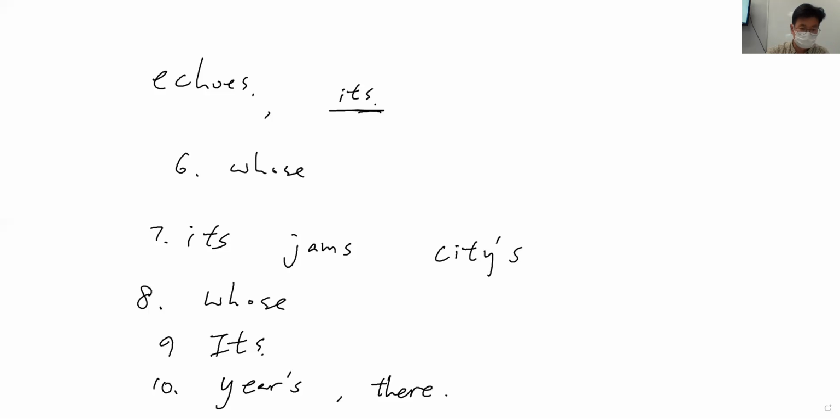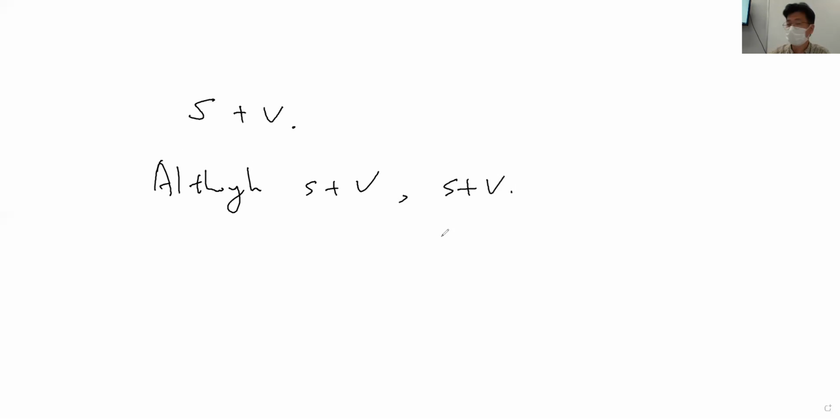Okay, move on to the next chapter, page 10. These are all simple sentences or fragments. A sentence means you have to have a subject and verb, right? But if you have a dependent clause, let's say something like although subject verb, then you have to have another independent clause.